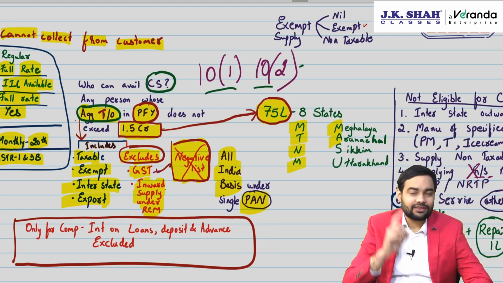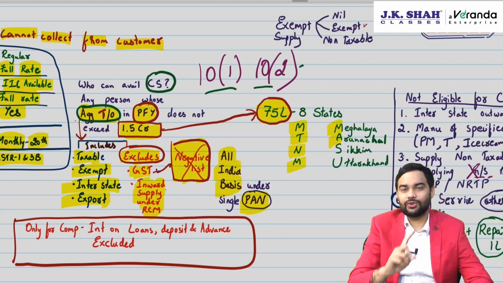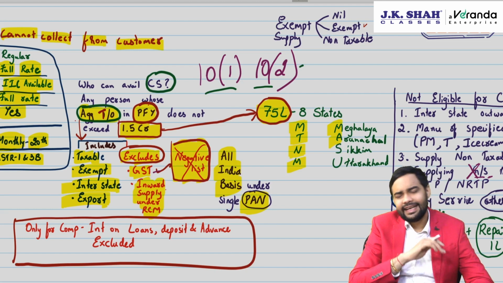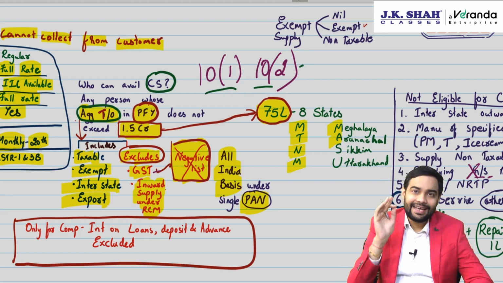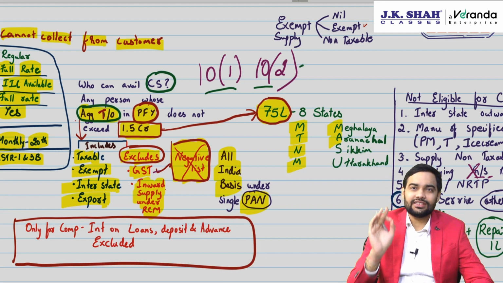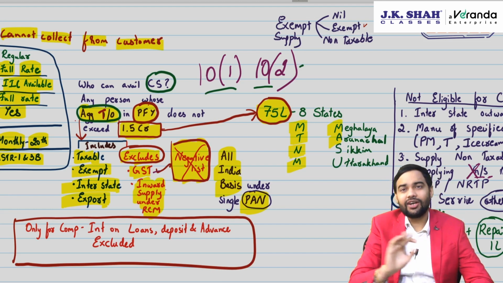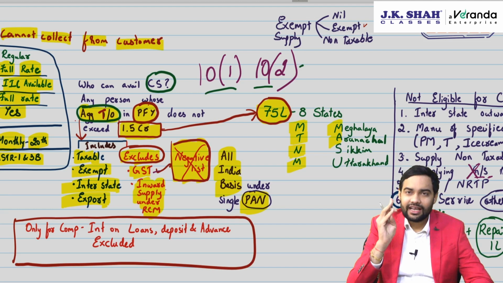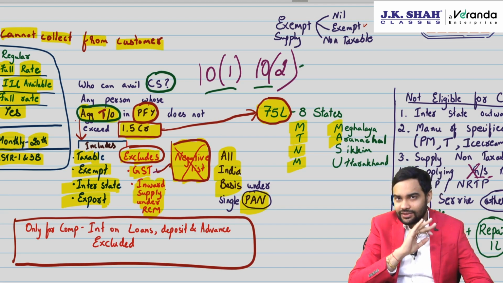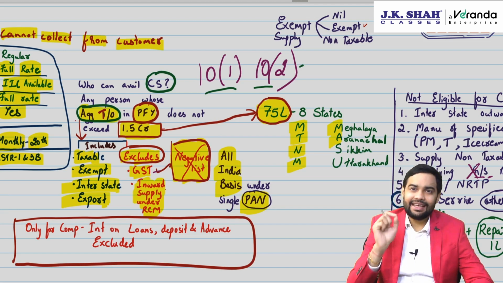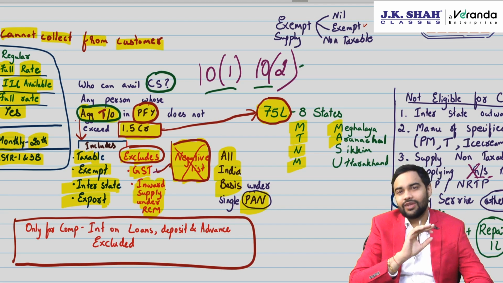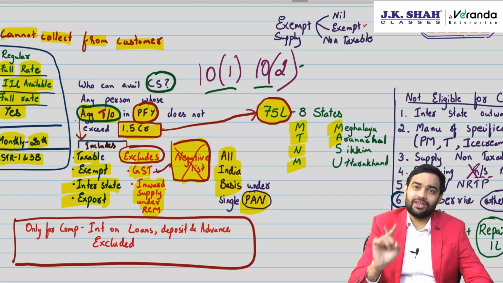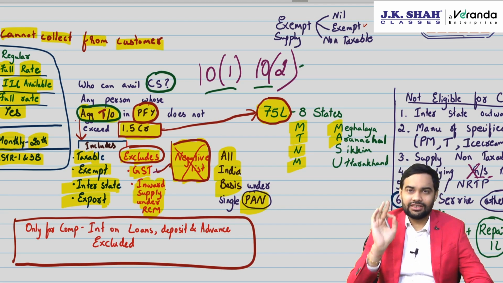Composition. There is one special point for composition which you should never forget. In any computation, in any place, interest on loans, deposit, advances will not be considered as part of turnover. In aggregate turnover, some places turnover in a state is used. Anywhere in any calculation, interest will not be considered, but this benefit is only for composition scheme.